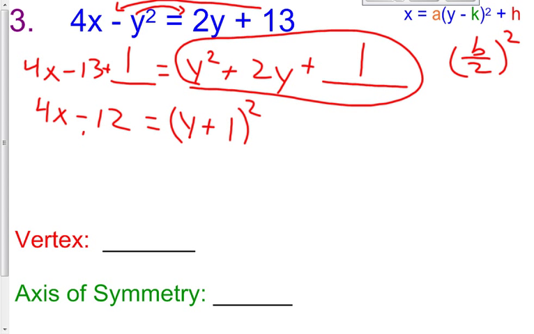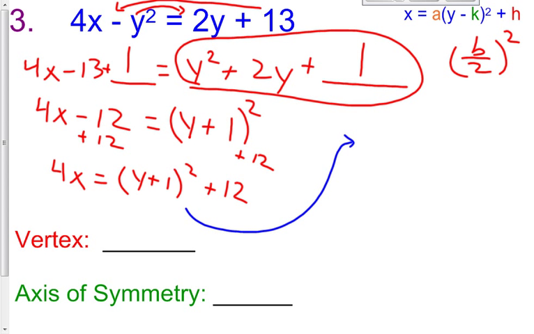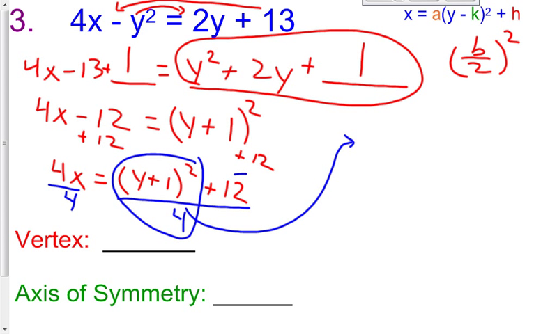I'm now going to add 12 here to get 4x equals y plus 1 quantity squared plus 12. And lastly, I have to get x all by itself, so I have to divide here by 4. Divide these by 4. Now this is one term right here, and here's another term.